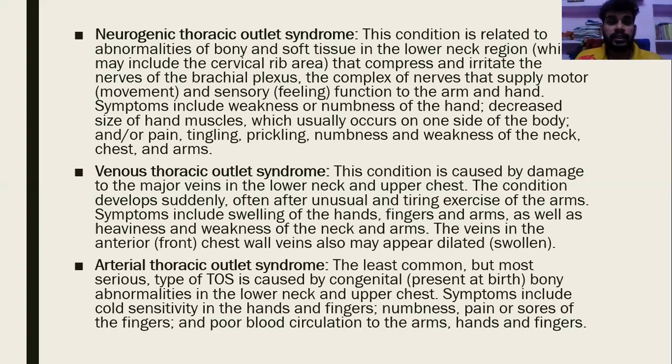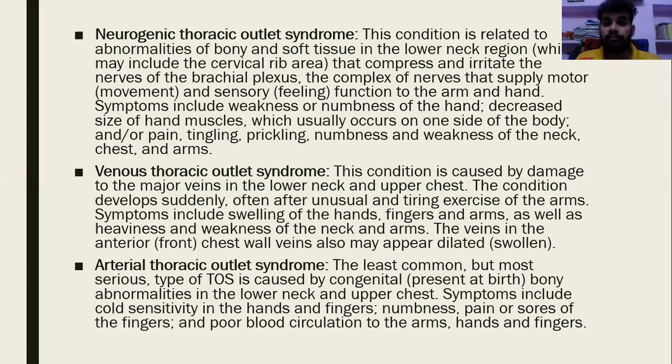Now we discuss neurogenic thoracic outlet syndrome. It is a condition of abnormality of bony and soft tissue in the lower neck region, which may include the cervical rib area, that compresses and irritates the nerves of the brachial plexus. When compressed, the brachial plexus nerves are irritated; they supply motor and sensory function to the arm and hands.